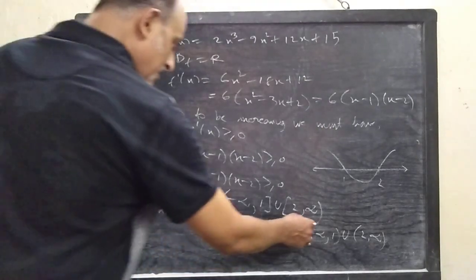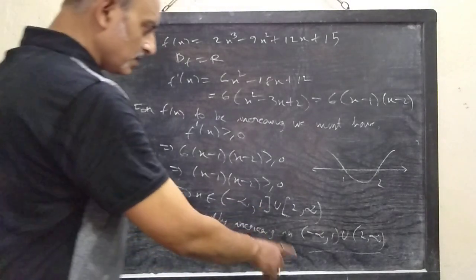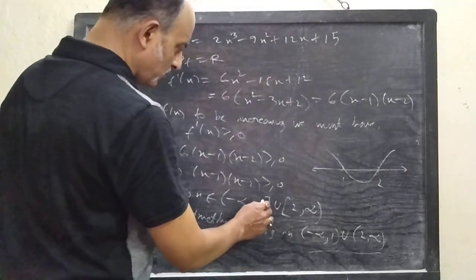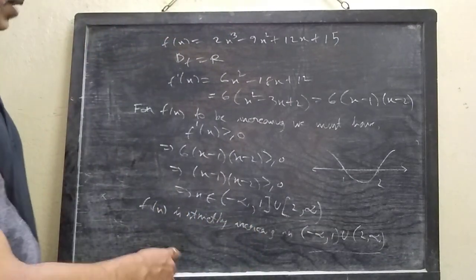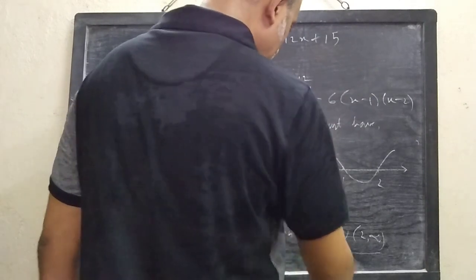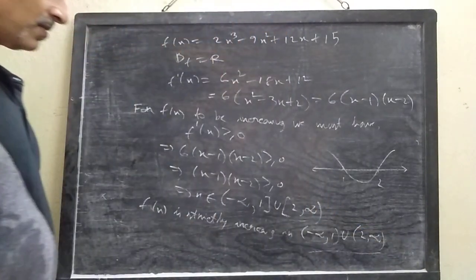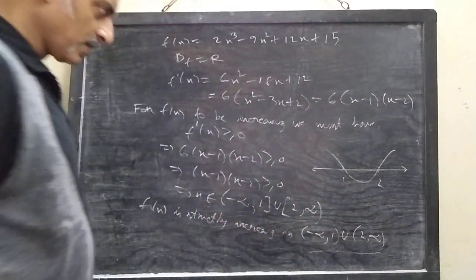So function is increasing here and strictly increasing here. From this solution we reject 1 and 2 because there the derivative vanishes. So subtracting those 2 points, we remain with this interval where the function is strictly increasing, and the function is increasing here. Okay.